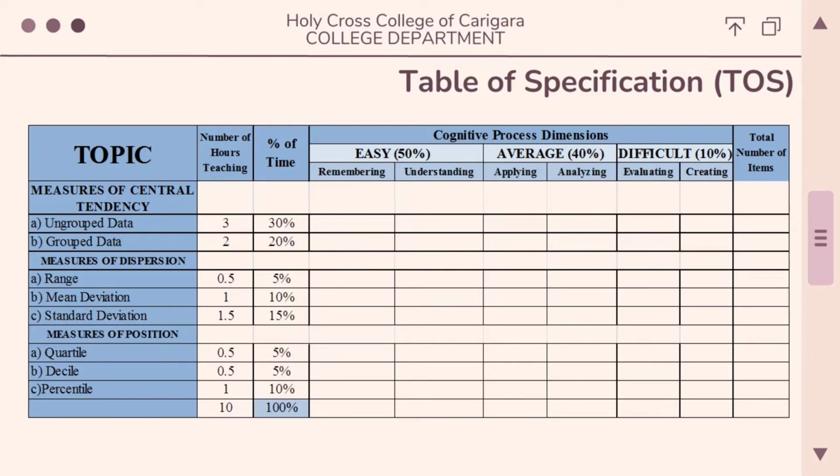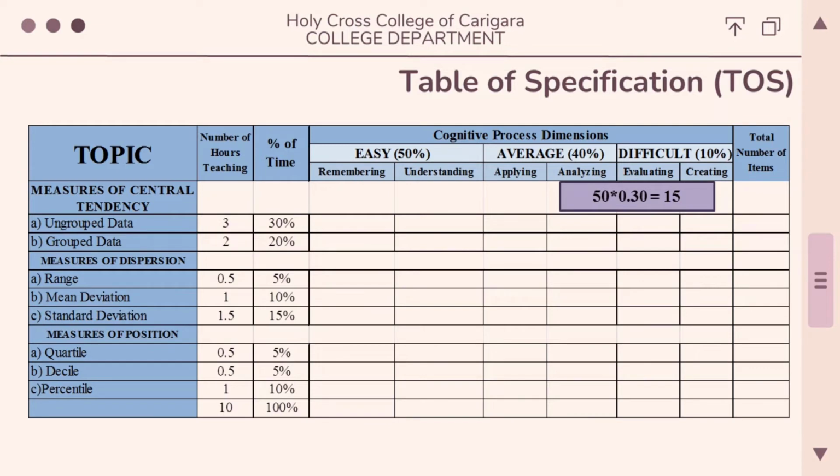Now, to get the number of items per topic, for instance, we are going to prepare a 50-item test. The formula that would be used is the number of items, in this case 50 items, times the percentage of time. So 50 items times 30%, that's a total of 15 items for the ungrouped data.